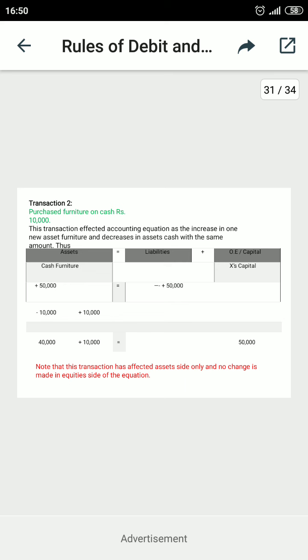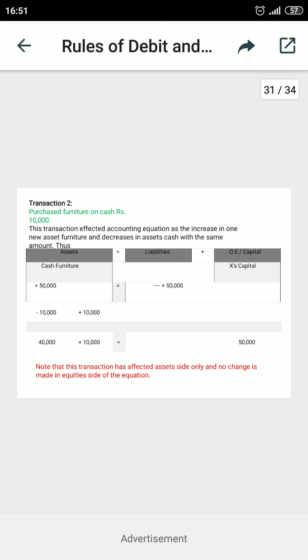When the furniture is purchased, the asset is increased, and the payment of 10,000 decreases the cash. So both effects are on the asset side. Out of the 50,000, 10,000 cash is down.